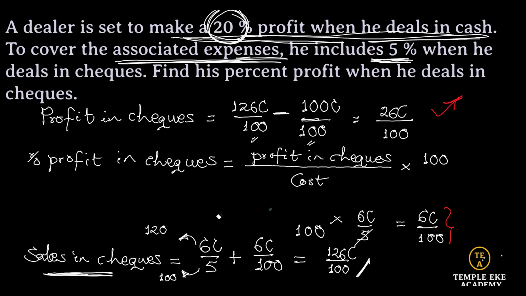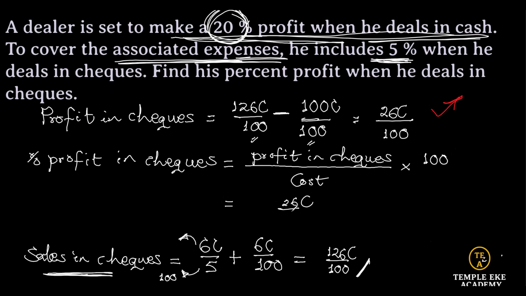So let's substitute these values. The actual percent profit in checks is now going to be the profit in checks, 26C divided by 100, divided by the original cost, which is C, multiplied by 100. And this will translate into mobile denominators there. You know that. Study my video on fractions, where I discussed mobile denominators.